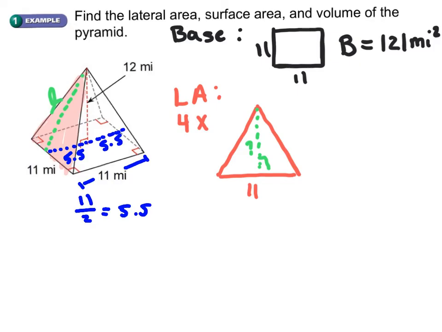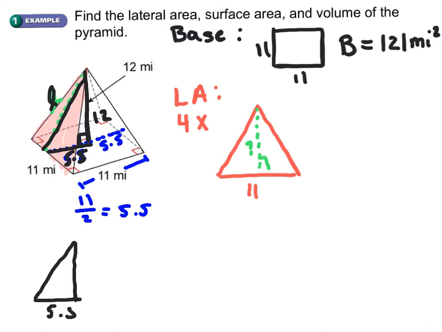So now I have a right triangle right here with this side length of L, this side is 12, and this side is 5.5. To find the slant height, I use the Pythagorean theorem because it's a right triangle: 12 squared plus 5.5 squared equals L squared.